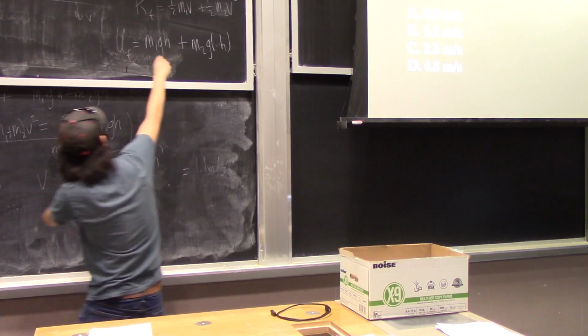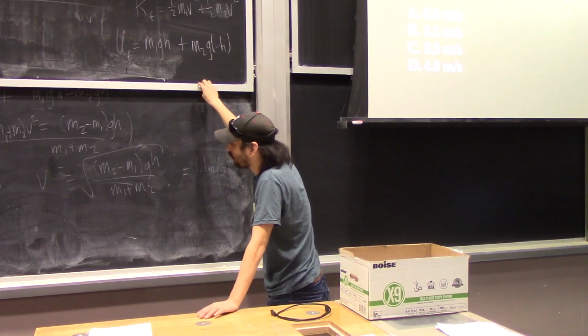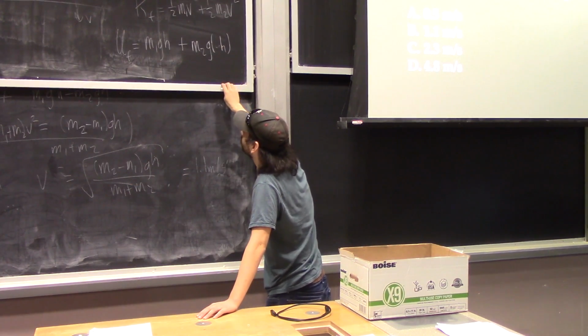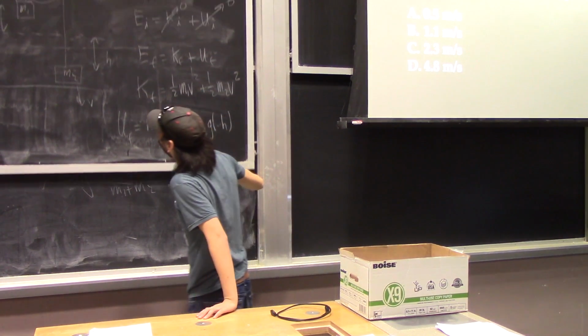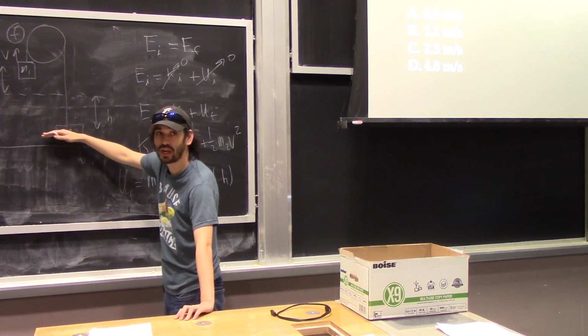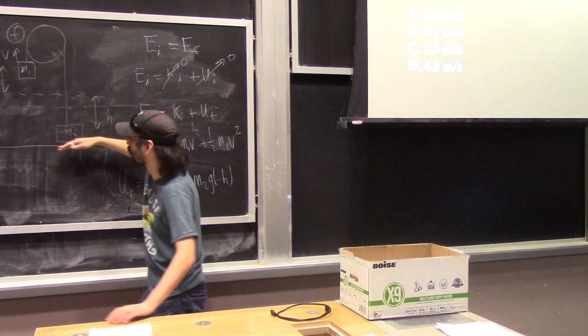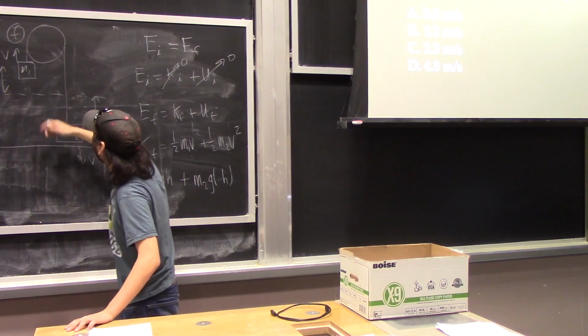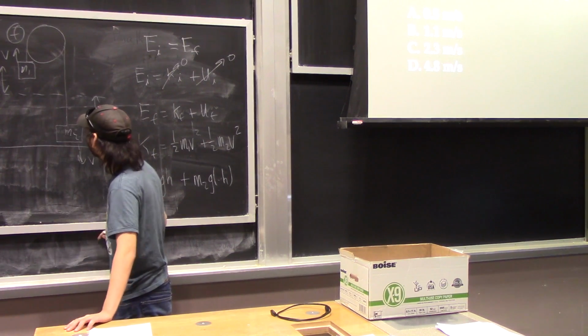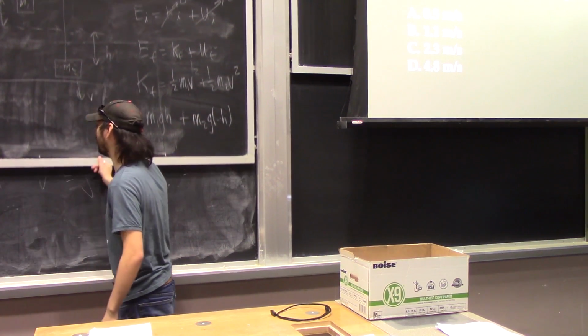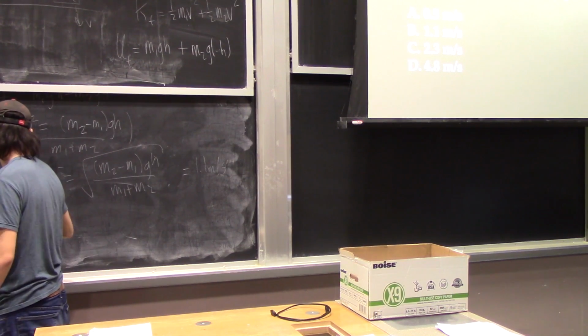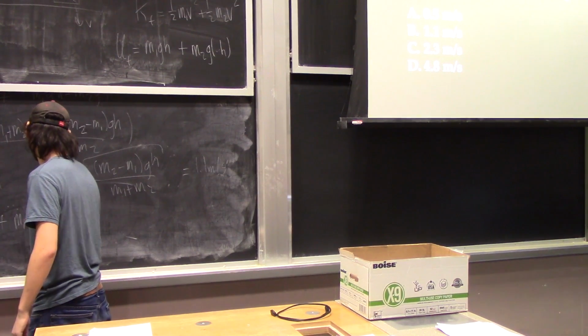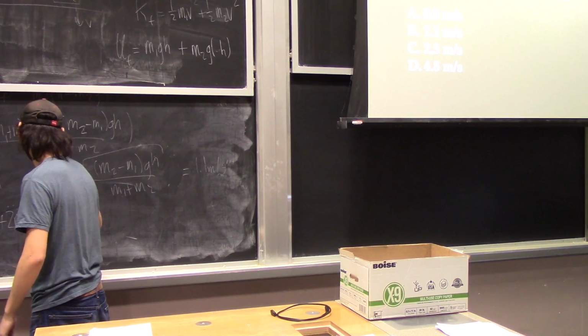Now, here's the thing that's going to be different. When we write our final potential energy, this m2 is going to have 0 potential energy because now it's at the height 0 here. And m1 is going to have a potential energy of m1 times g times 2h. So this is going to be plus m1 g 2h.